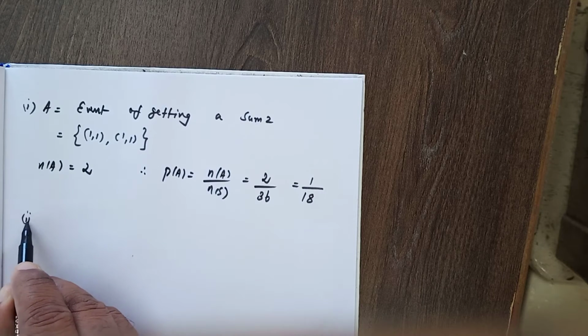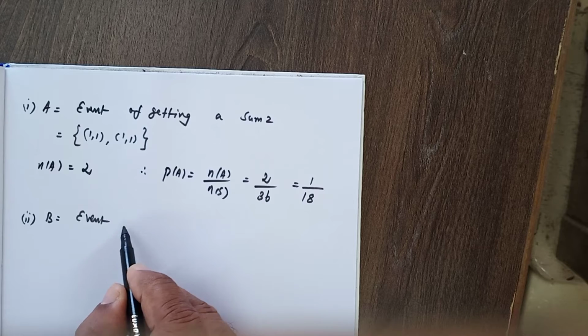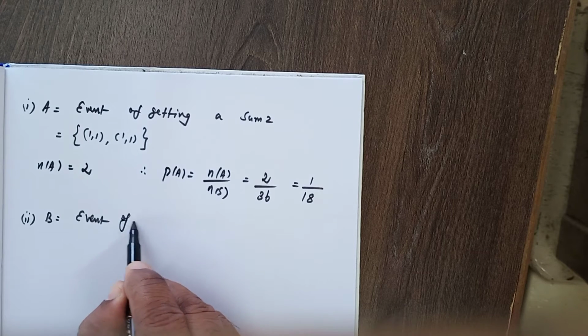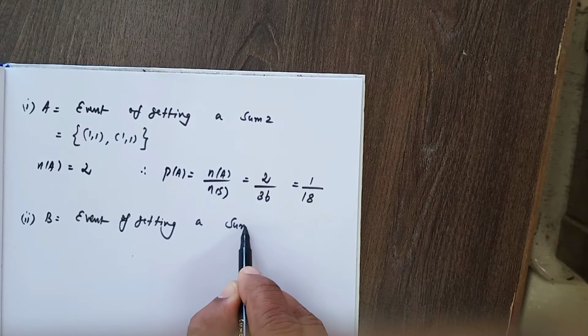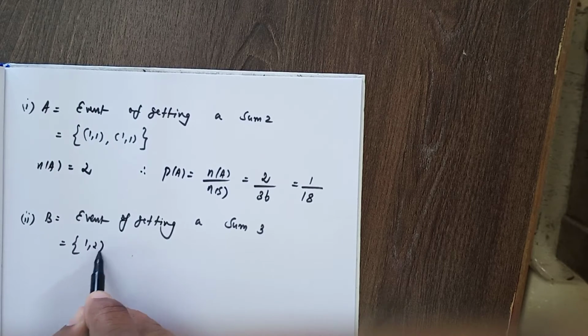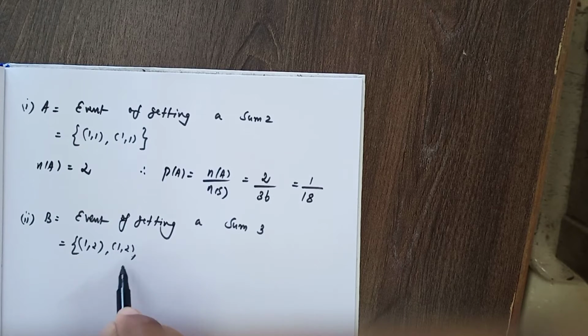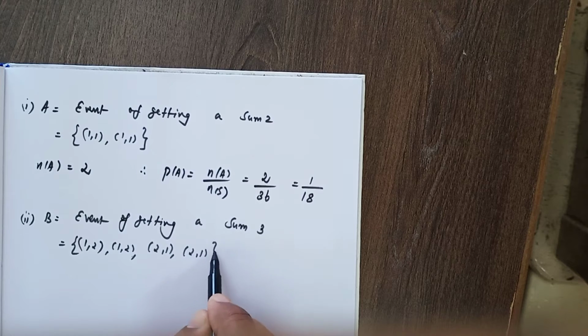Now subdivision number 2, B equals event of getting a sum 3. Sum 3, what are the numbers? 1 comma 2, again 1 comma 2, 2 comma 1 and 2 comma 1. Two times we have to write.